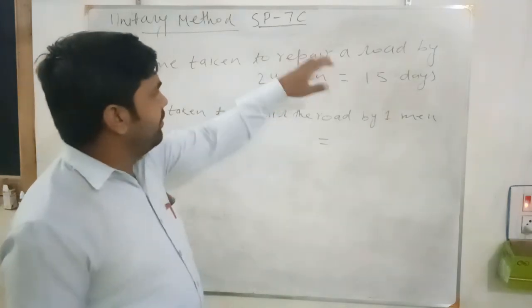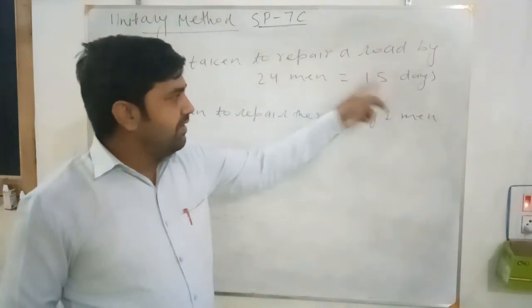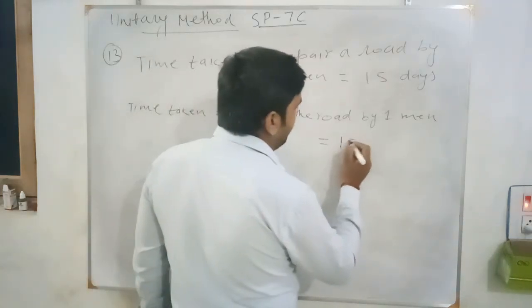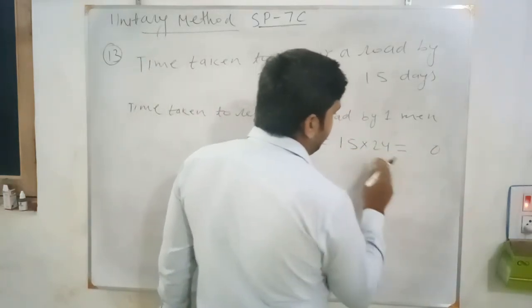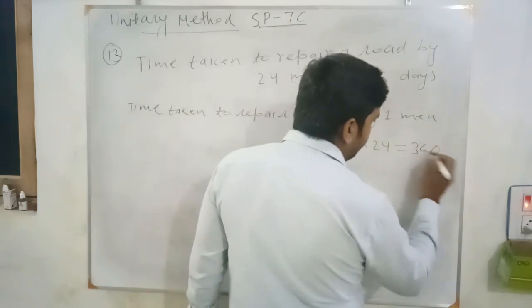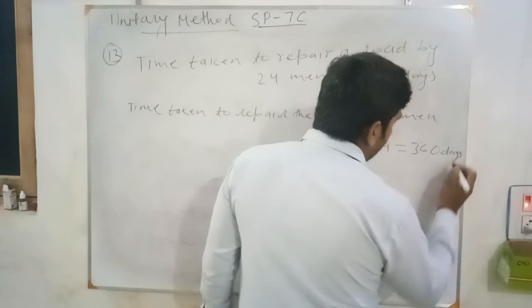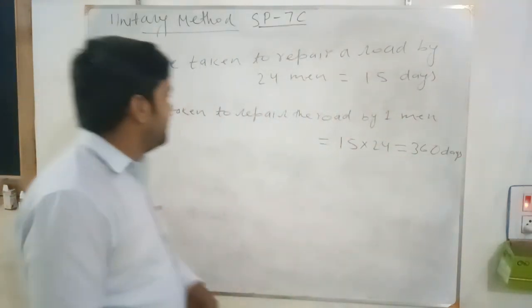If 1 man repairs the road, it will take more days. So we have to multiply, that is 15 into 24. 15 times 4 is 60, 0, carry 6; 15 times 2 is 30, 36, so 360 days. So 1 man will repair the same road in 360 days.